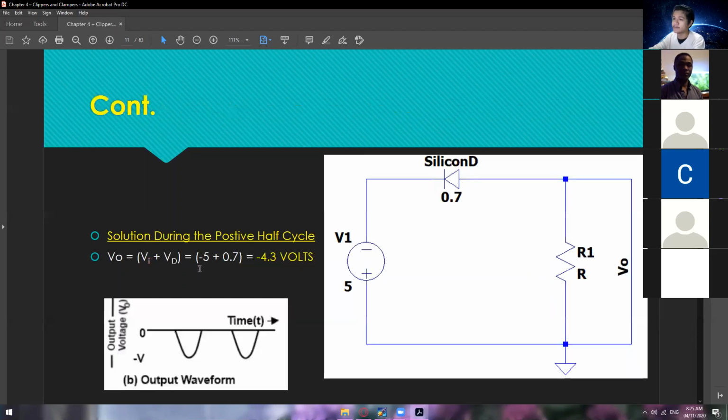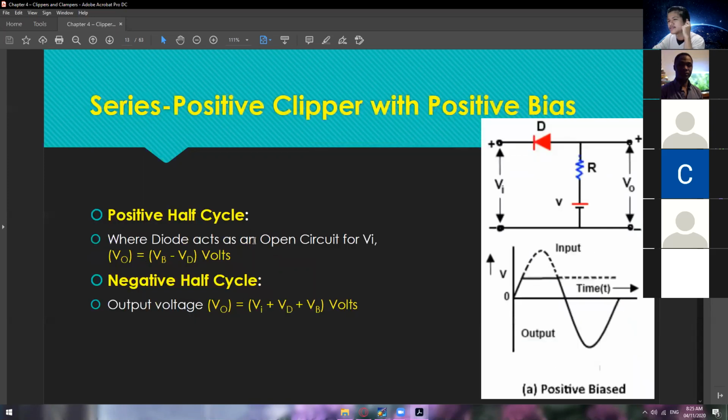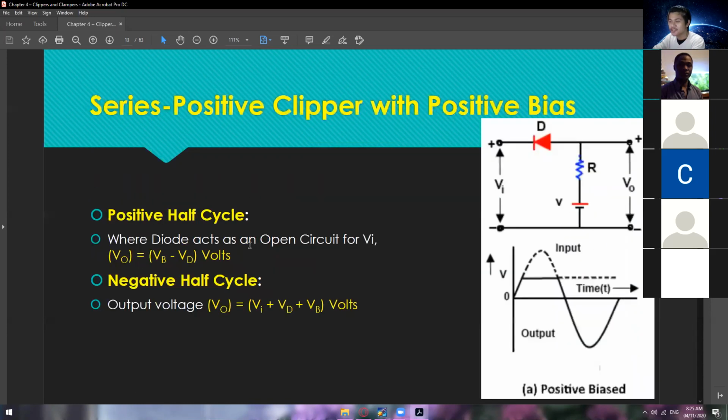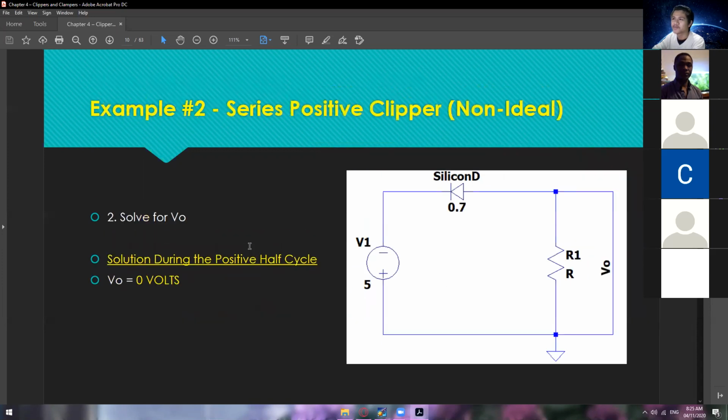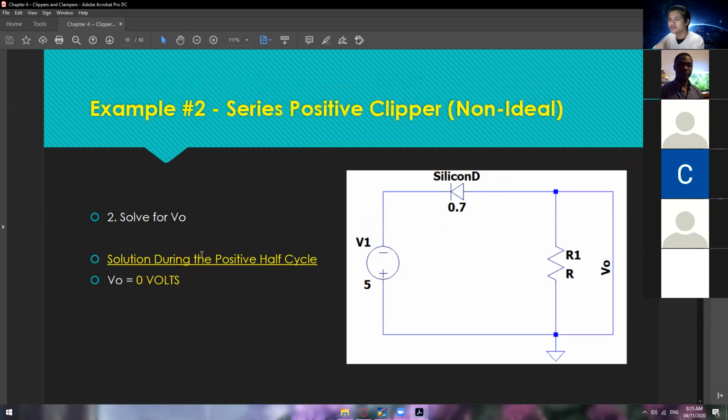And then for the solution during the positive half cycle, there are a lot of corrections. For this one, the correction is you have to flip the voltage source.